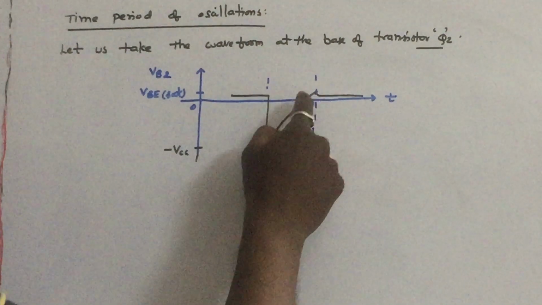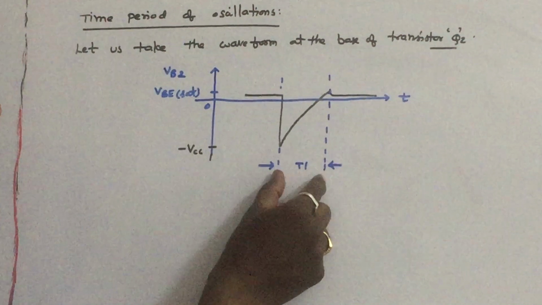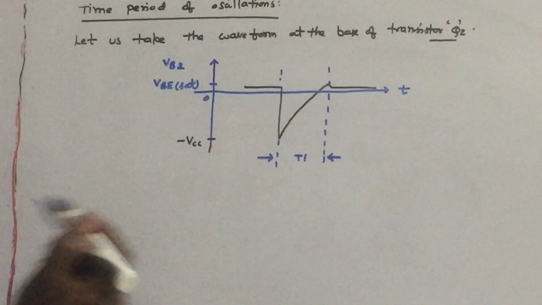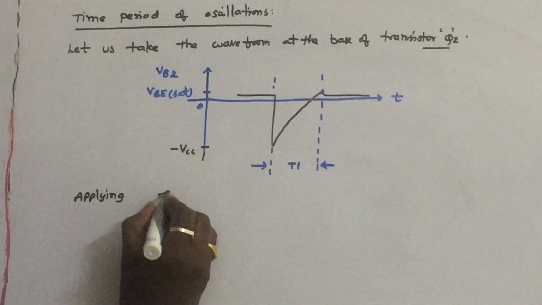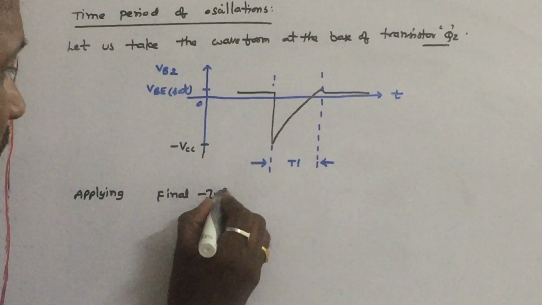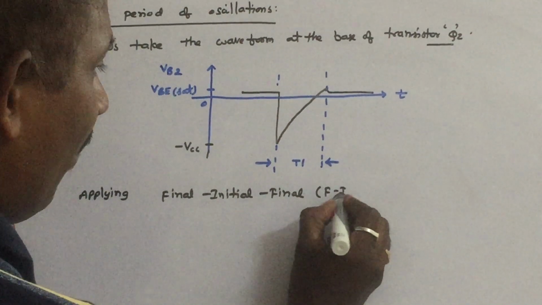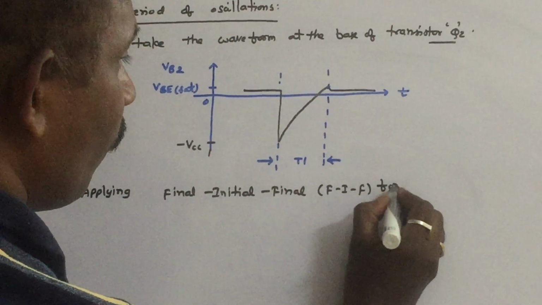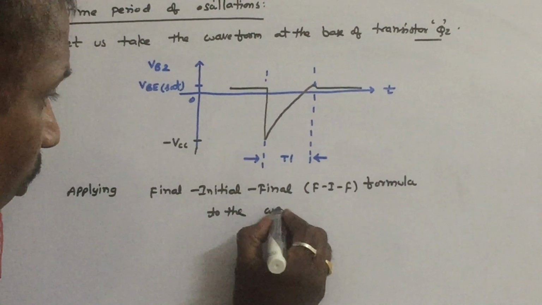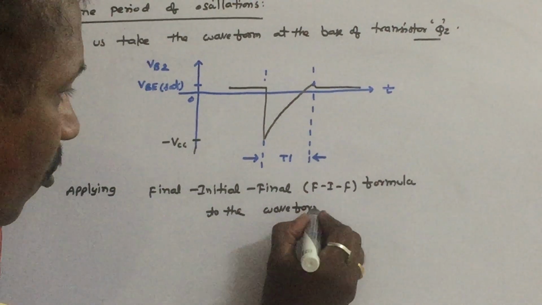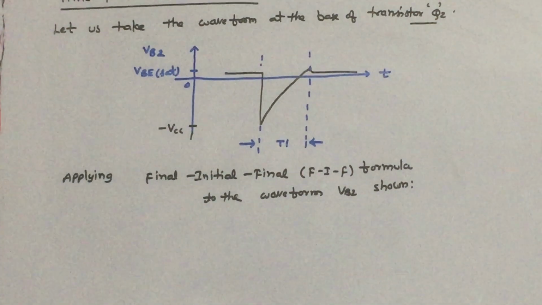So apply the initial final formula which we have discussed in unit 1 to derive the equation for T1. Applying the FIF formula to the waveform VB2 shown, first let us write the formula.